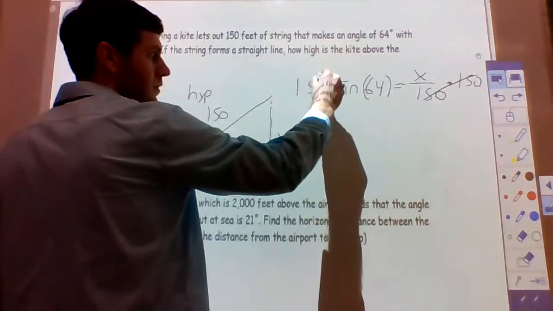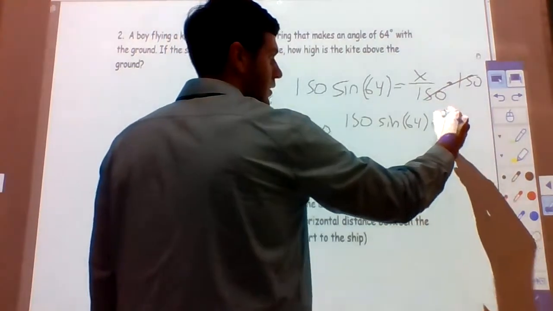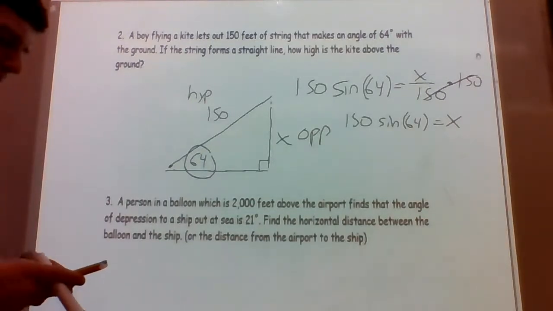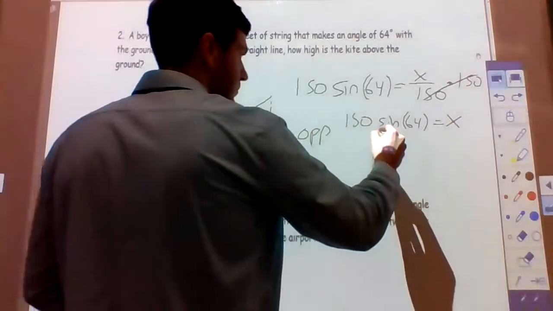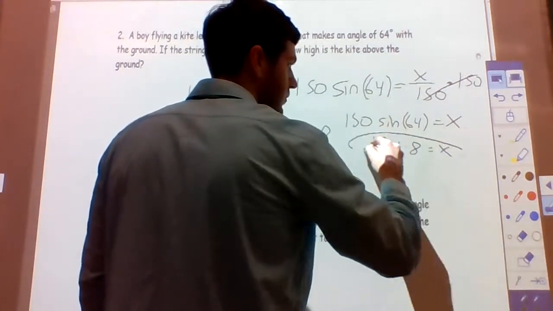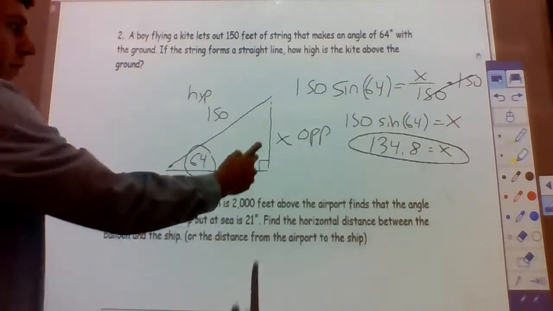So we get 150 times the sine of 64 equals x. 150 times the sine of 64, and we get 134.8 equals x. That is the height of the kite.